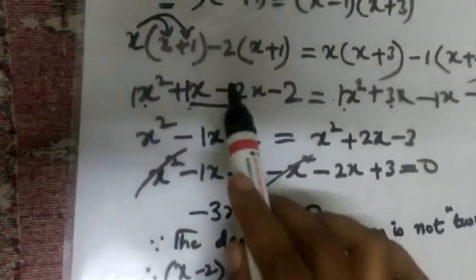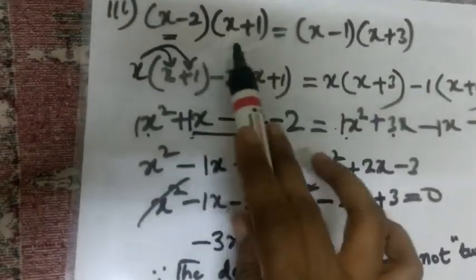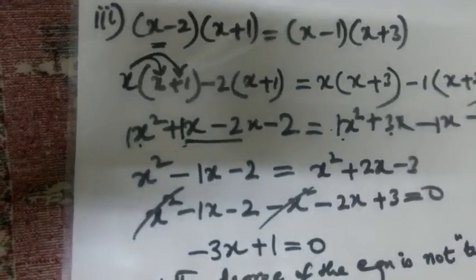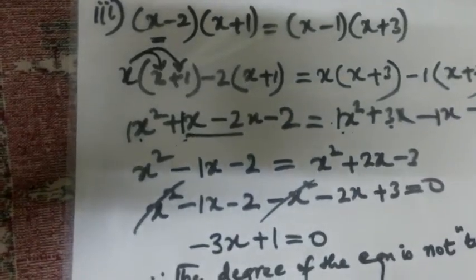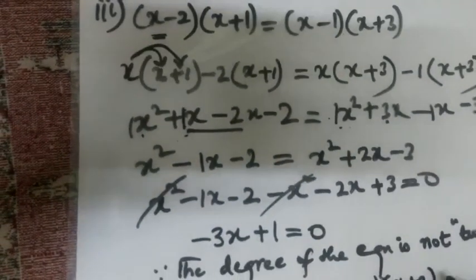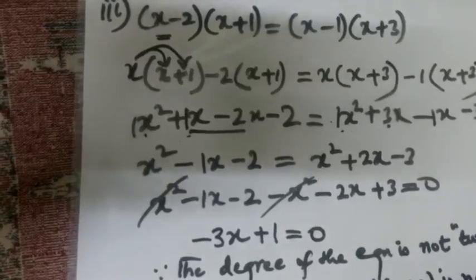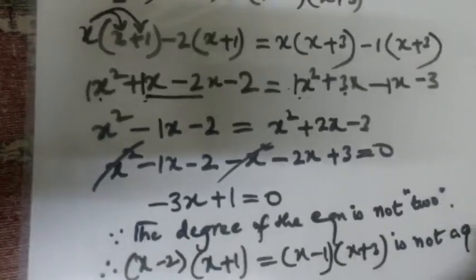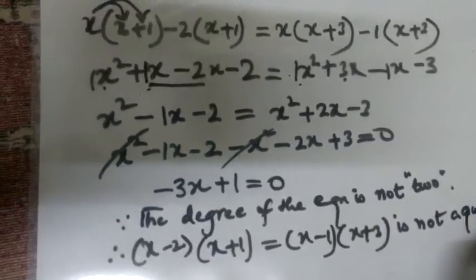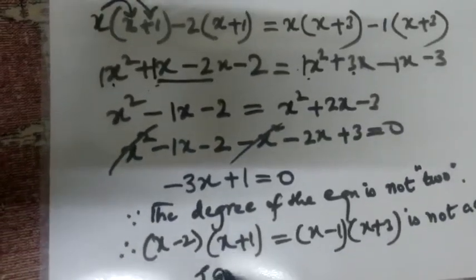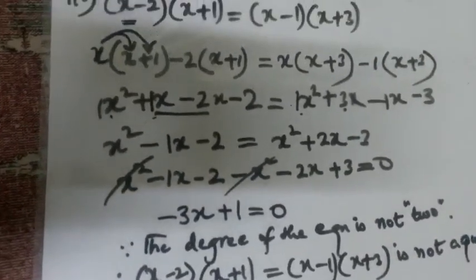Okay, he is asking about this part. Question: x minus 2, x plus 1 is equal to x minus 1, x plus 3 is not a quadratic equation. So this is how we are going to do it.